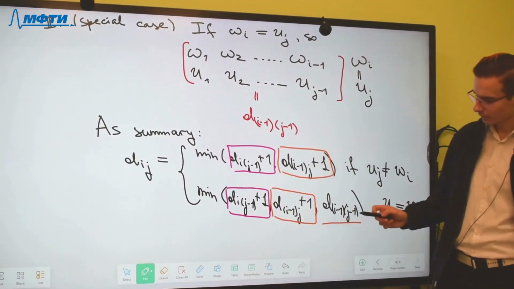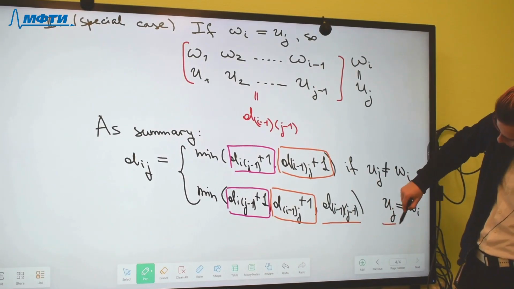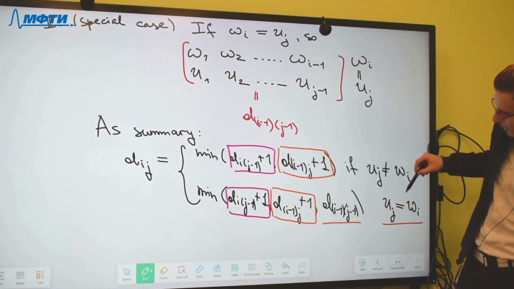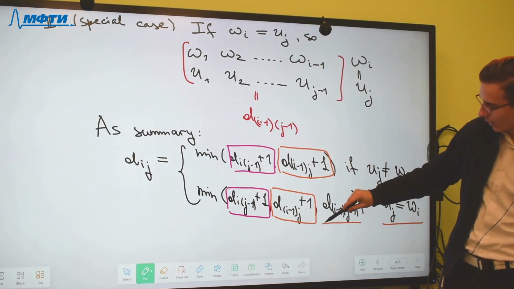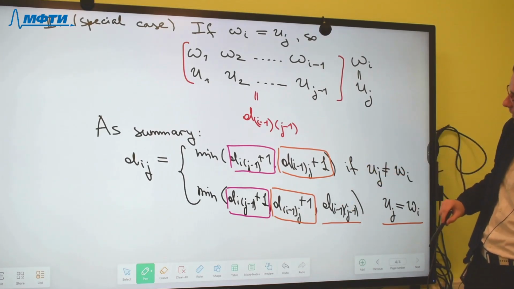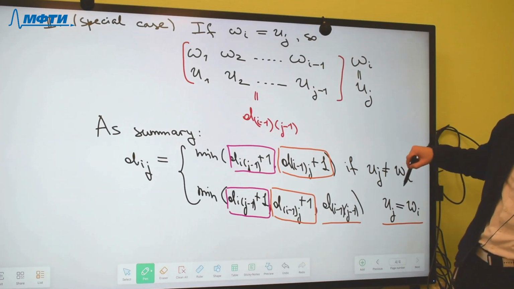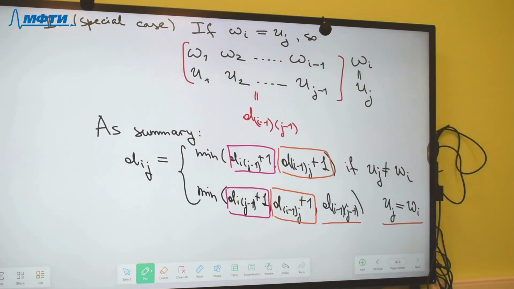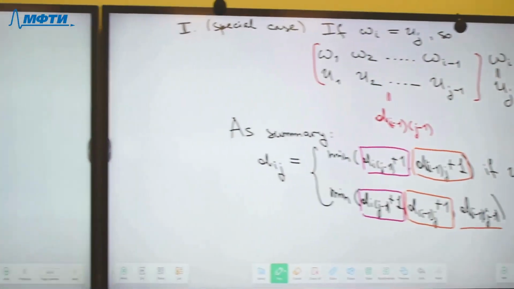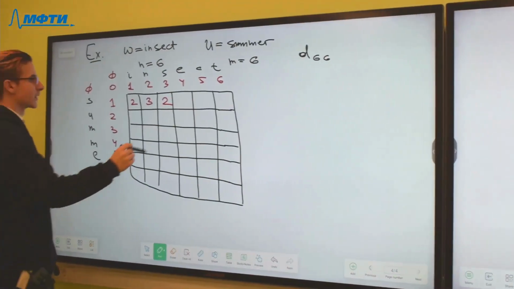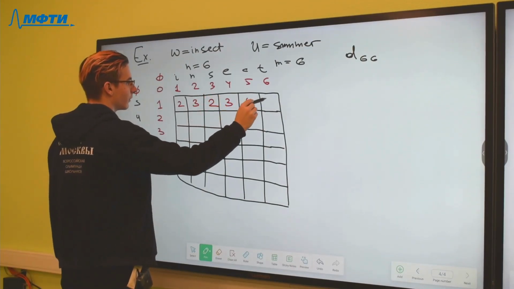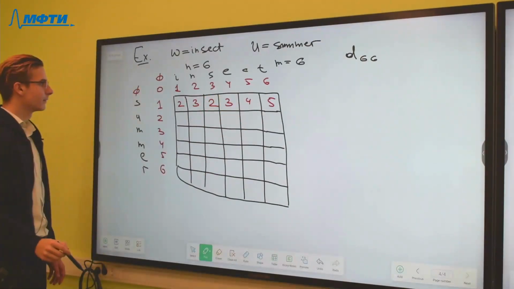Because if the characters are equal, then we can compare their prefixes without these two characters. And we repeat it for this matrix. For example, here we write 3, 4, 5.